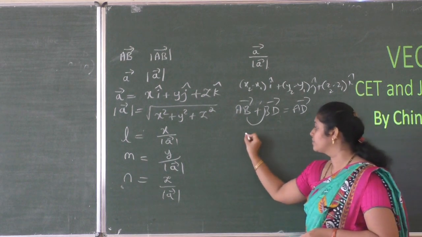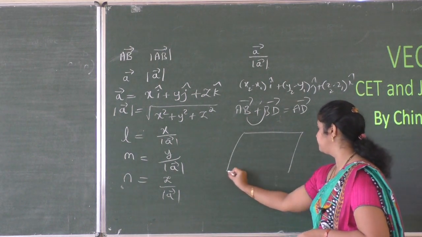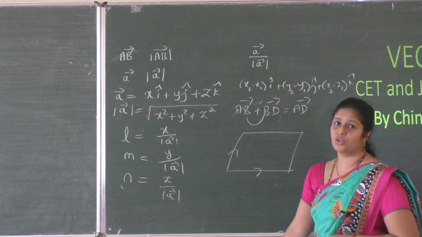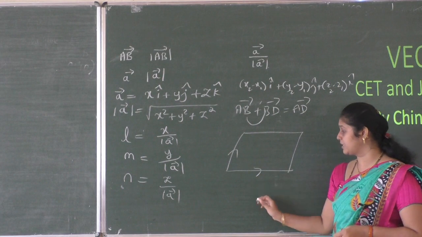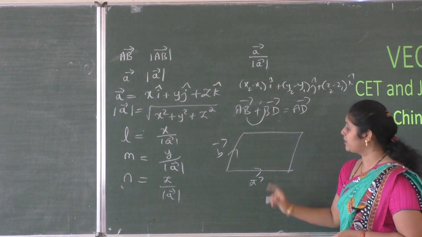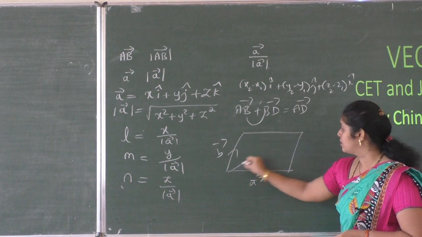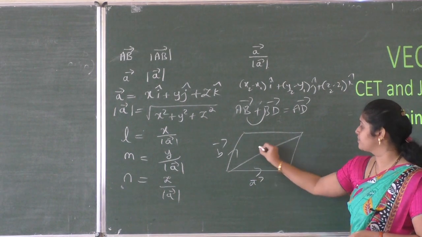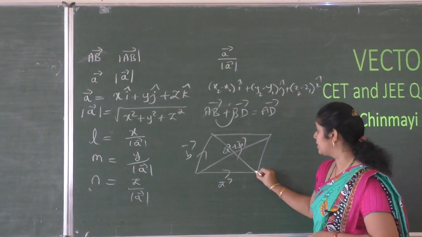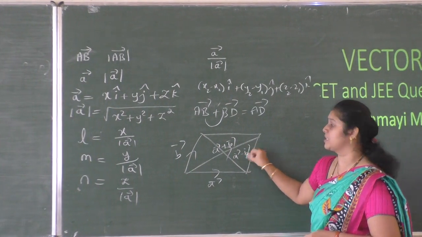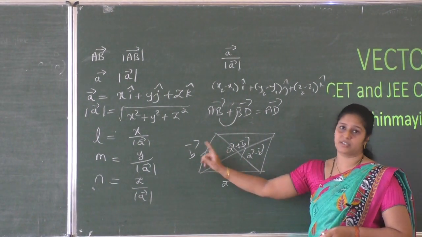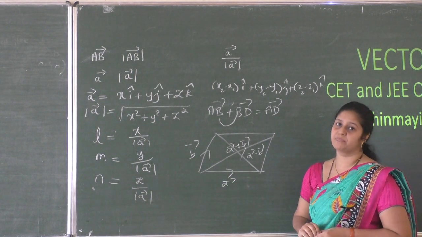Also I can write for a parallelogram. These two are adjacent sides represented by vector A and vector B. Then one diagonal is the sum of the two vectors, and the other diagonal is the difference of the two vectors, vector A minus vector B. How to add these two vectors is the parallelogram law of vector addition.